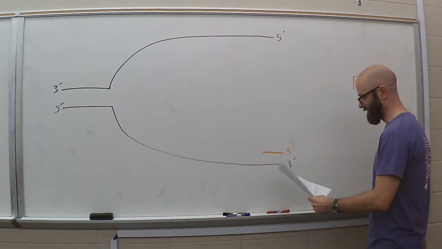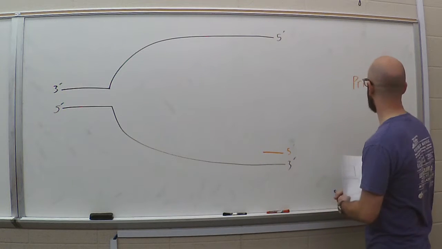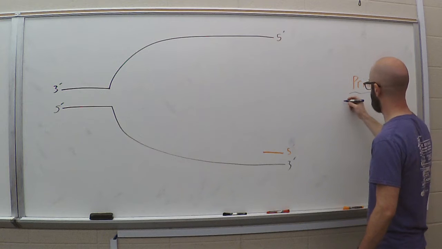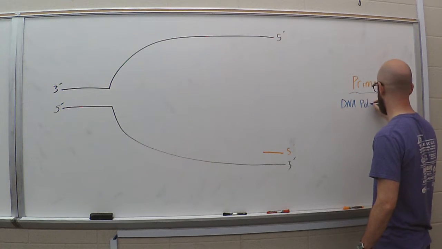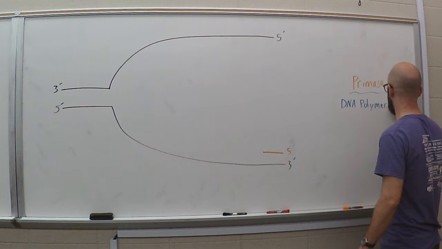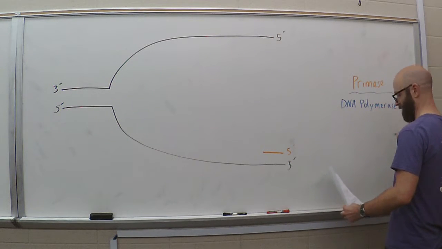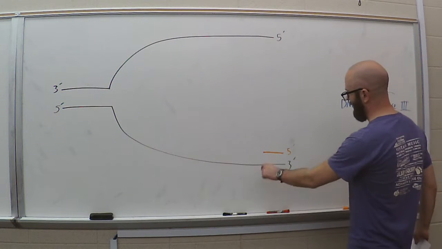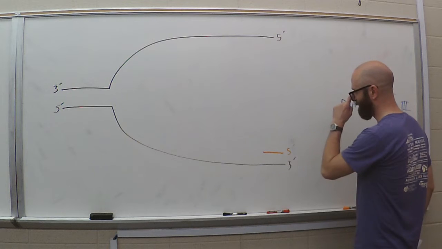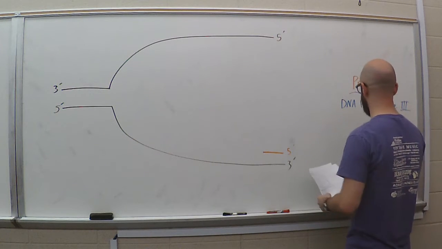And then another protein called DNA polymerase 3 will add new nucleotides to the 3' end of this open RNA strand right there.